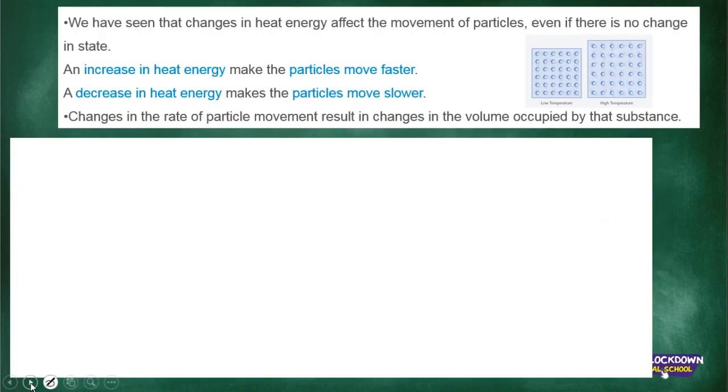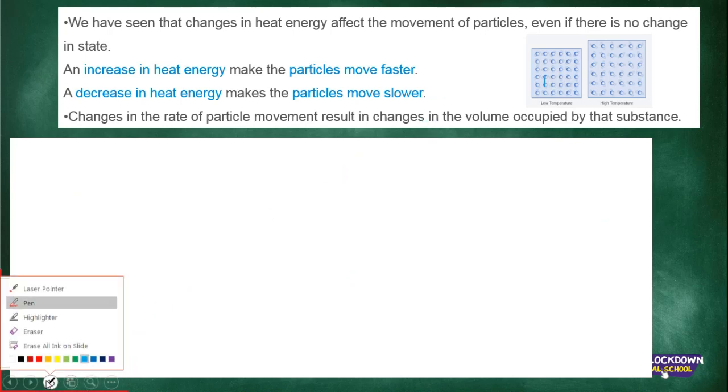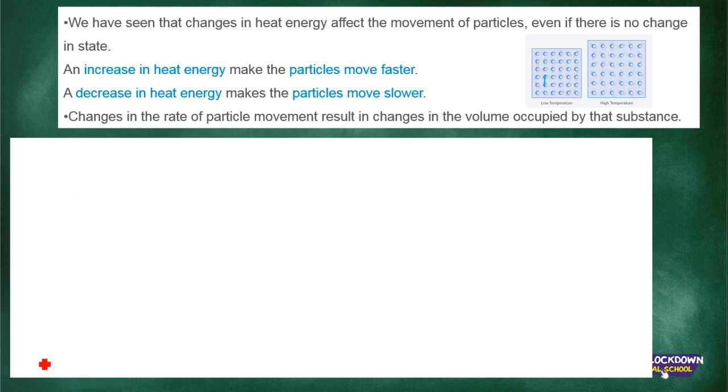Okay. So basically, we have seen that the changes in heat energy affect movement of particles, even though there is no change in its state. So let's just say that this is a liquid. Now at low temperatures, looking at the diagram on the right, these circles here are basically the particles. Those particles do not change.